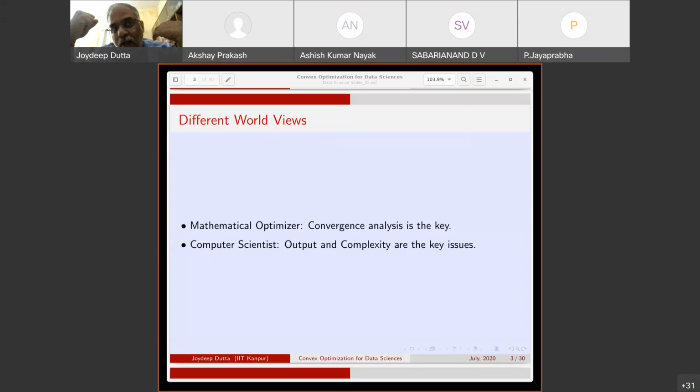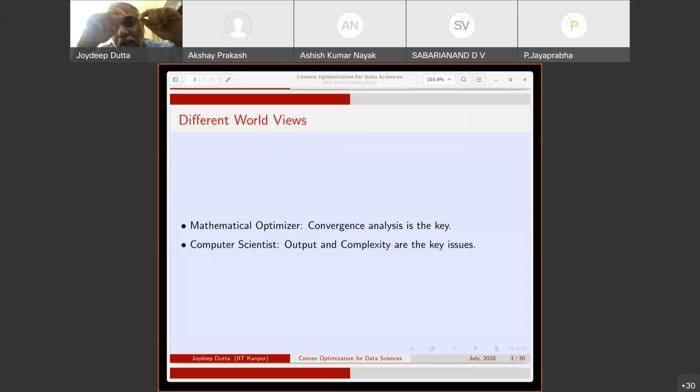When a mathematical optimizer talks about xk going to the solution x star, the iterates going to the solution x star, he doesn't talk about how much time or how much iteration it would take. But mathematically, if k is very, very large, I can be sure to a certain extent that I am quite near x star, the solution.